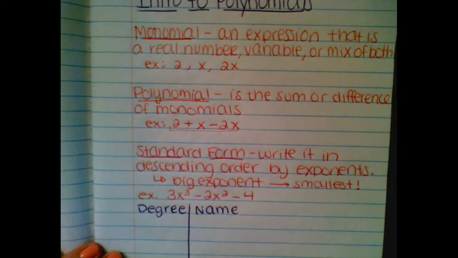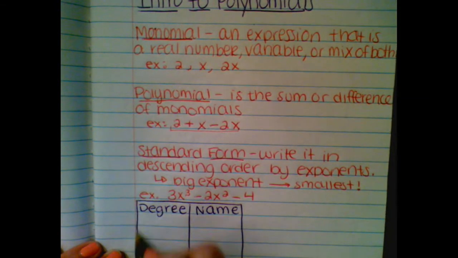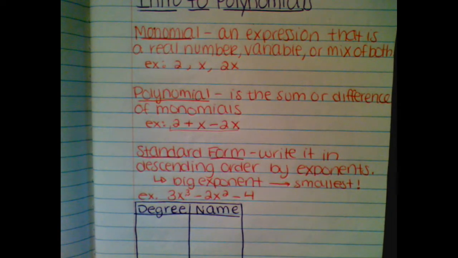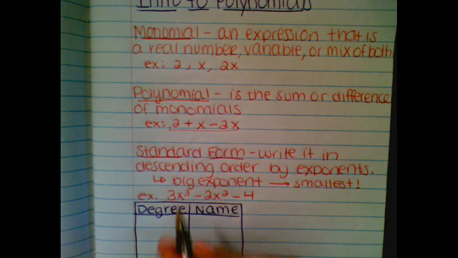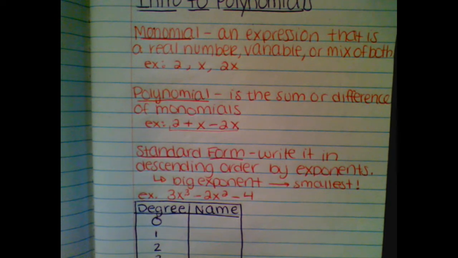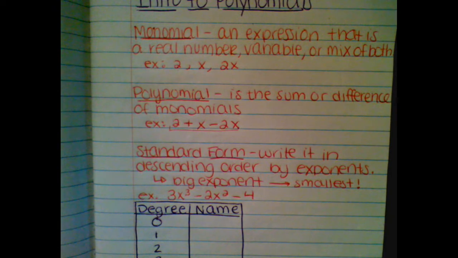Now, degree is another word for exponent. Okay, your table does not have to be perfect. So for example, this has an exponent of 3, so I would say degree 3 because it's the largest. I'm going to start with 0, and we're going to go all the way to 5. Now, after 5, there's a certain rule, but I will fill you in on that.